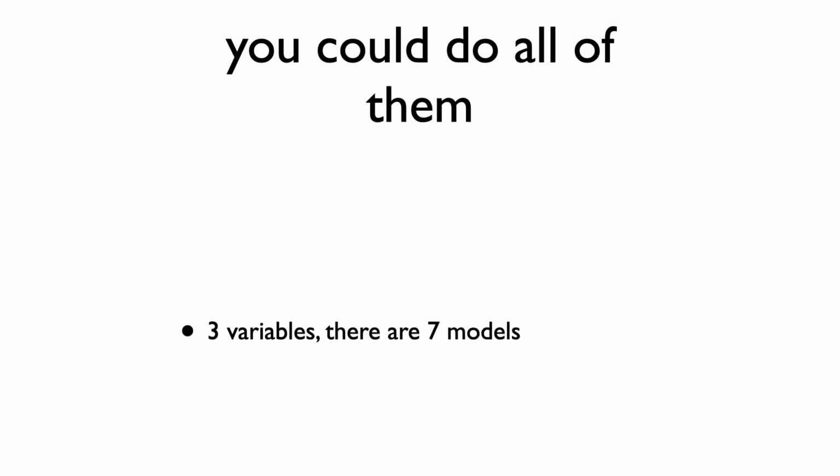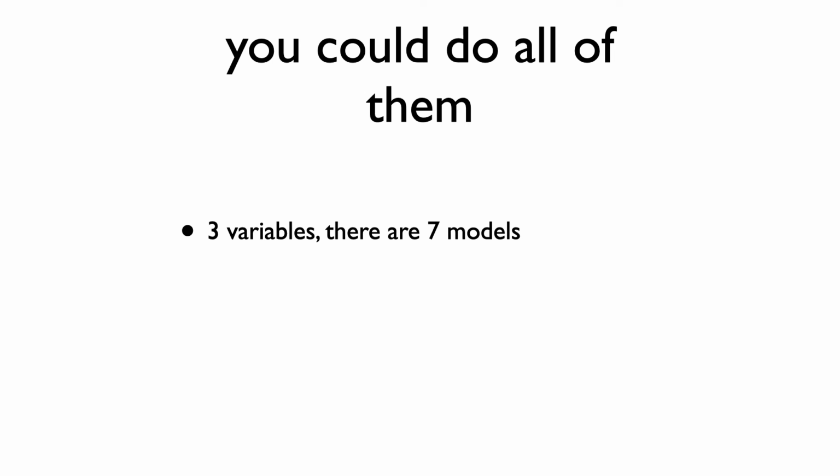Well, the first thing you could do is you could literally do all possible regressions. You could literally look at every single conceivable model. Sure, so with a 3-variable data set, so you've got an x1, an x2, and an x3, there are 7 models. There's 3 1-variable models, right? x1, x2, x3.